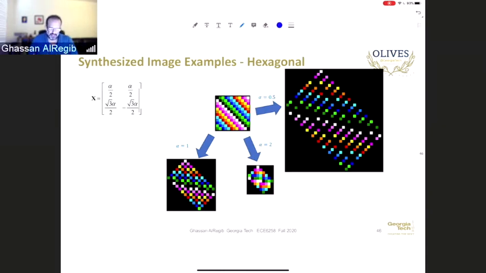What I have here is that all these numbers are not 0. So there is a rotation happening, and in a certain direction or axis, I'm sampling. I'm picking up every certain number of pixels. So if I have alpha equal to half in the hexagonal sample, this is what I have.